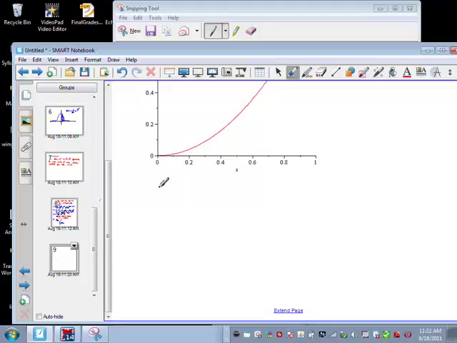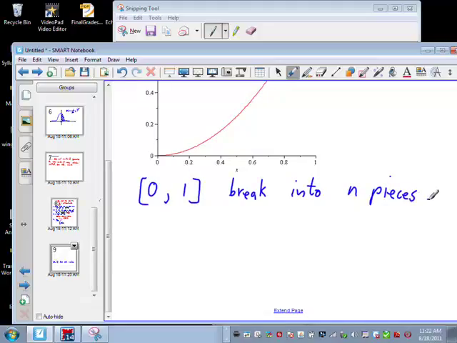Okay. So now we need to take the interval 0 to 1. Take the interval 0 to 1. We'll break it into n pieces. Each interval is of length what?